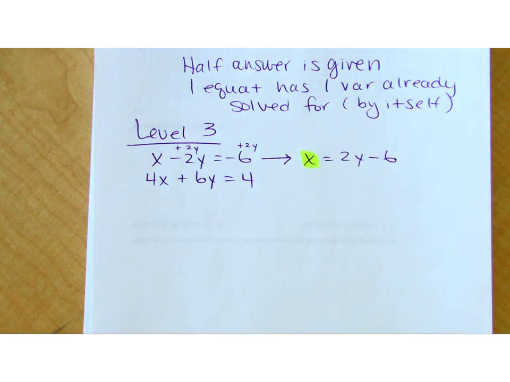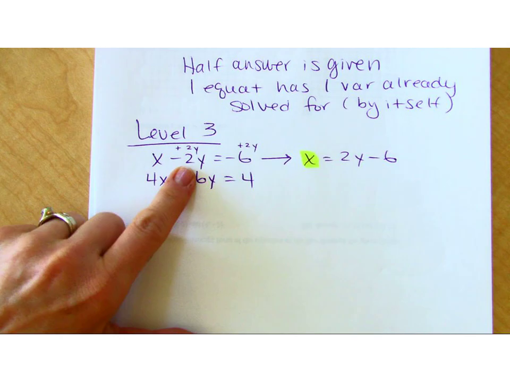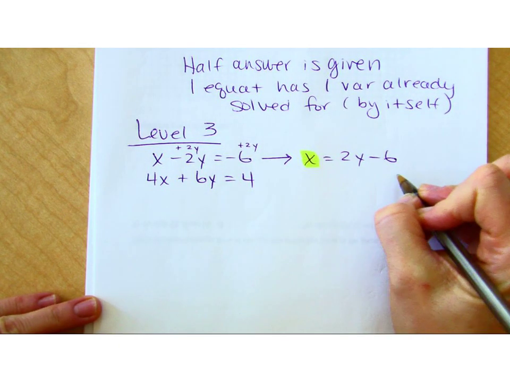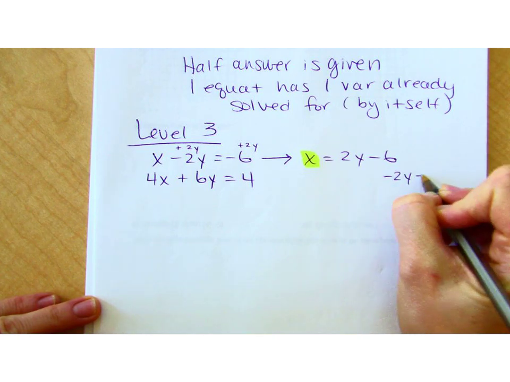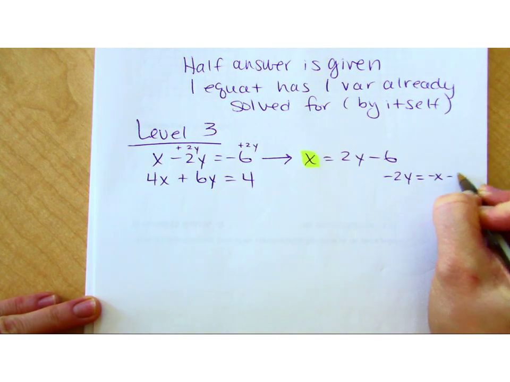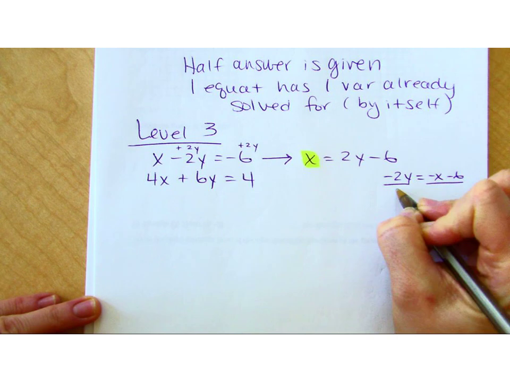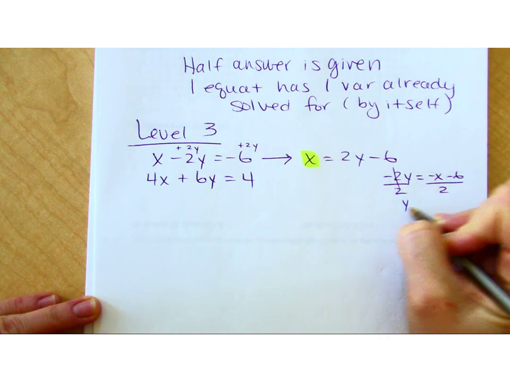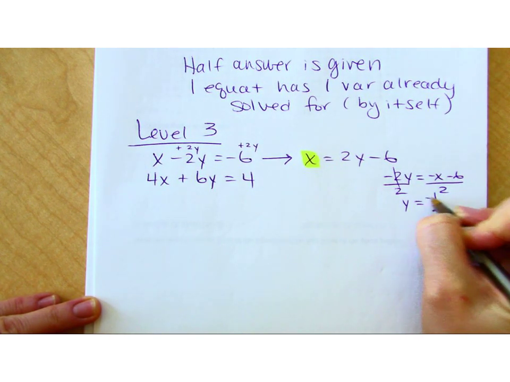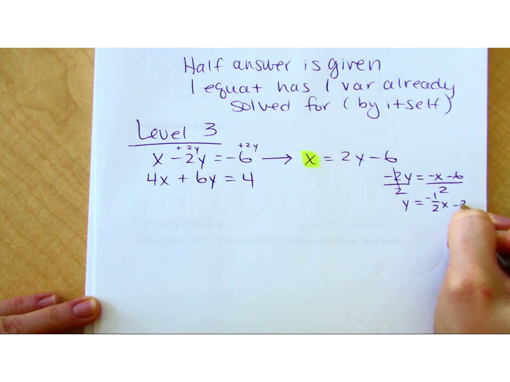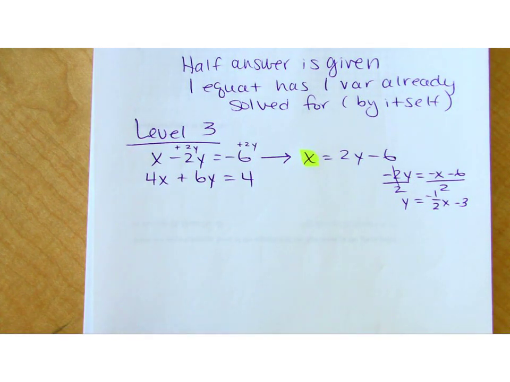If I would have chosen to do this, that's okay. That could have worked. I could have done negative 2y is equal to negative x minus 6, and then I would have divided by 2, and you know what that would have left me with? A fraction, which isn't totally unworkable, but when you go to plug this in, do you want to multiply?